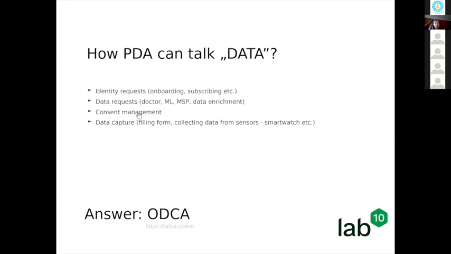And obviously you have much richer requests in the context of pure data requests. Let's say your doctor wants to have access to your Fitbit data, or a measurement of your heartbeat, or any other medical devices produce data which can be used by different entities to help you out. Or maybe machine learning.